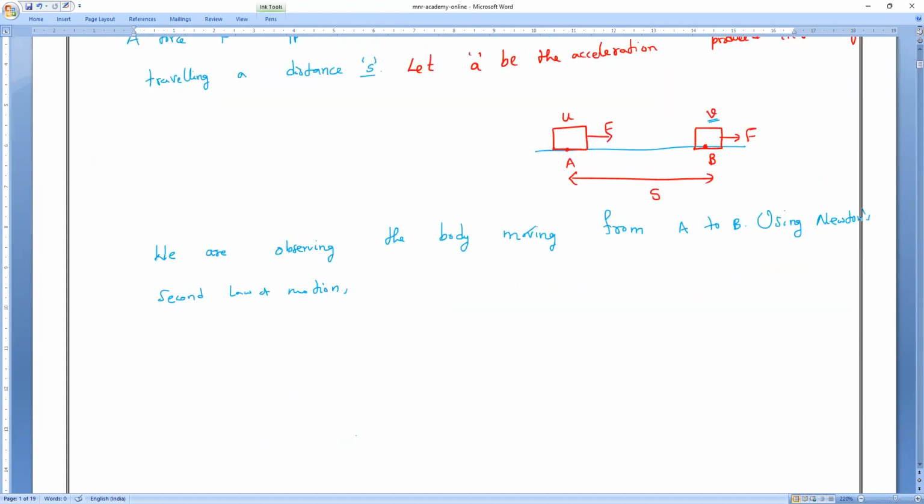Force is equal to mass into acceleration, F = ma. Let me consider that as equation 1. Any doubt you can ask me.